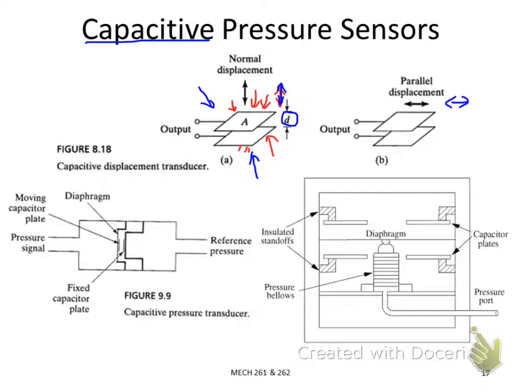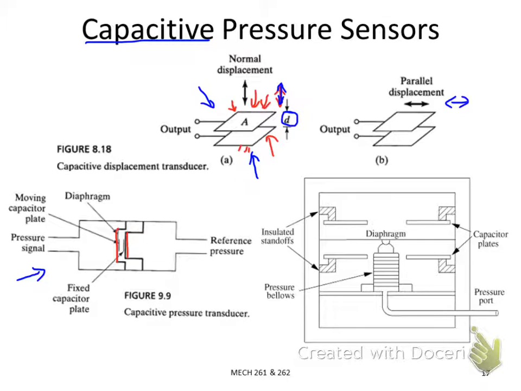So here is a schematic of one type of pressure sensor. You have a diaphragm here, and then you have a fixed plate. Those two form a capacitor.